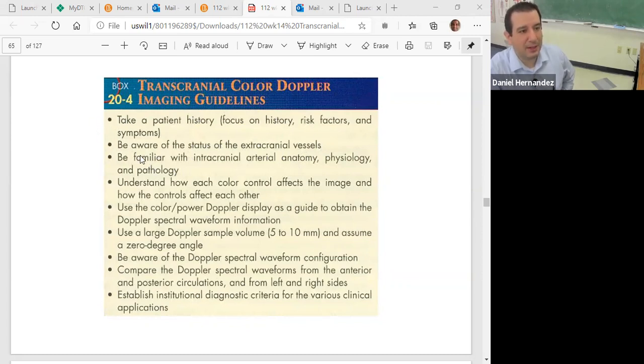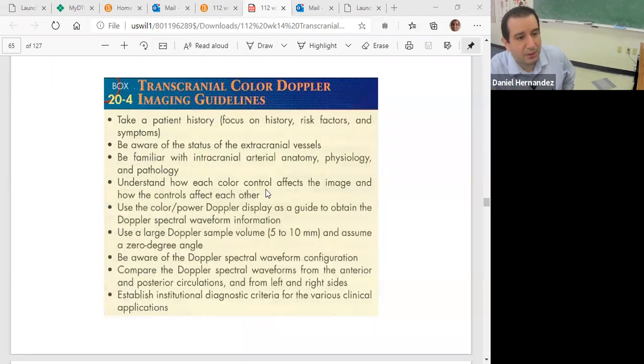We want to know if there's any abnormalities. We want to know if there's a subclavian steal prior to doing our transcranial color Doppler imaging. Because if the patient has internal carotid disease proximally, it's going to affect what we expect to see in our transcranial color-coded Doppler imaging.